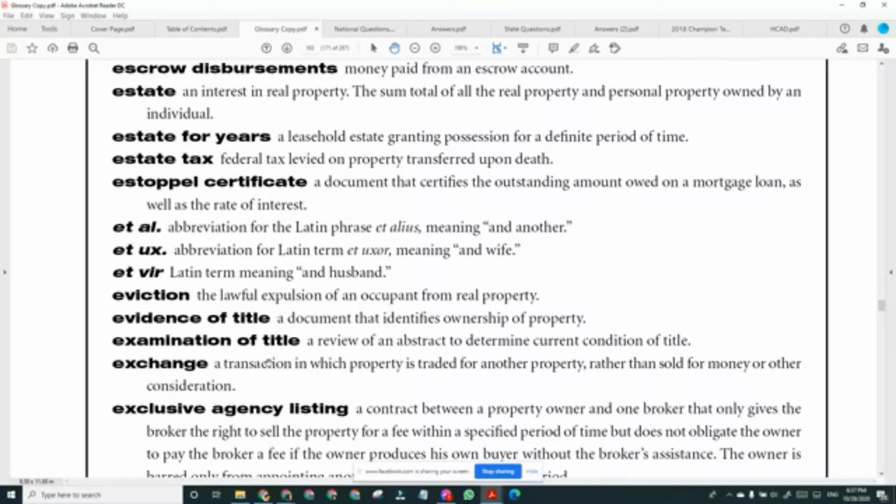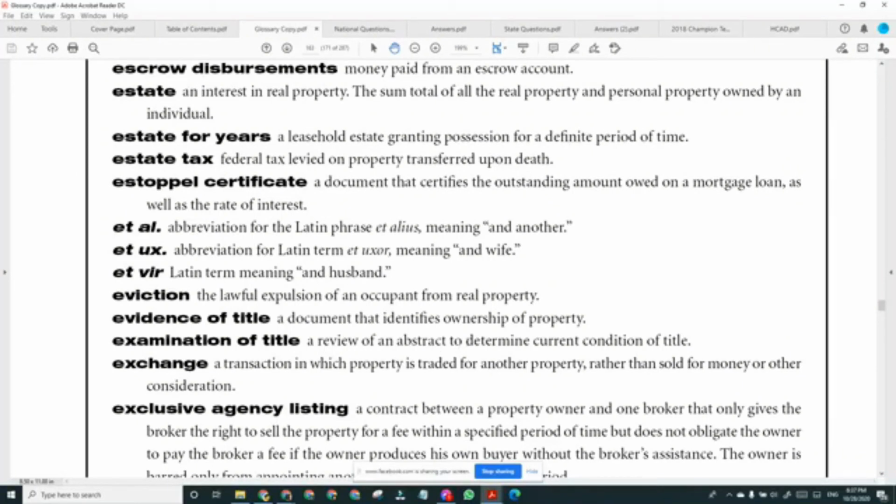Examination of title. So that was the title report or title settlement, where the title company will run a search on the conditions of title, and that's called an abstract. So it'll be an examination of title.